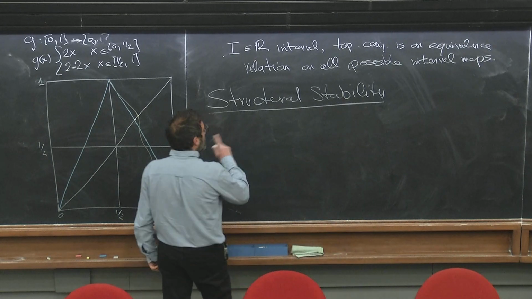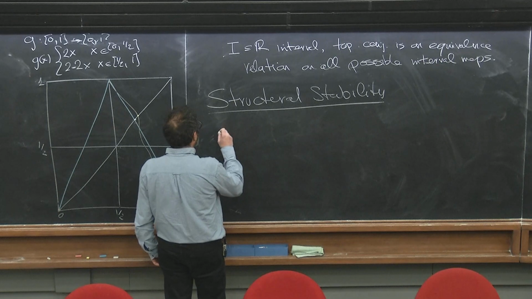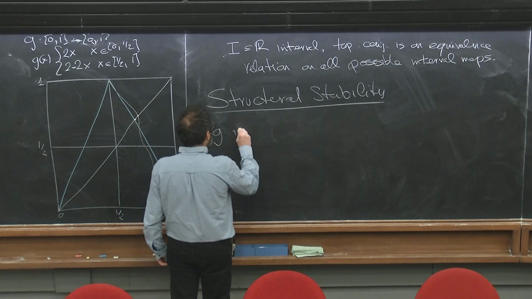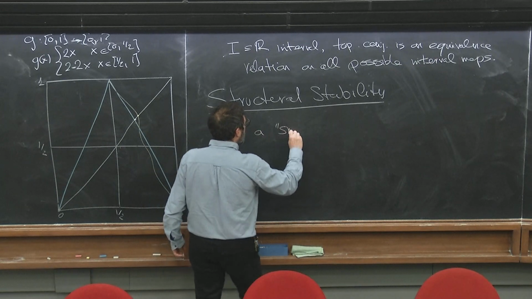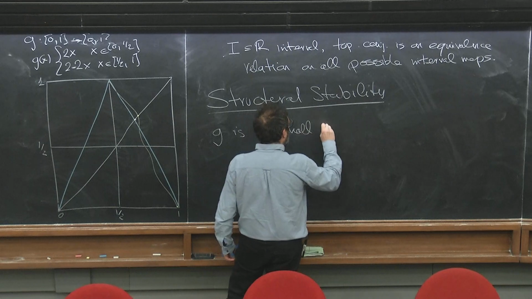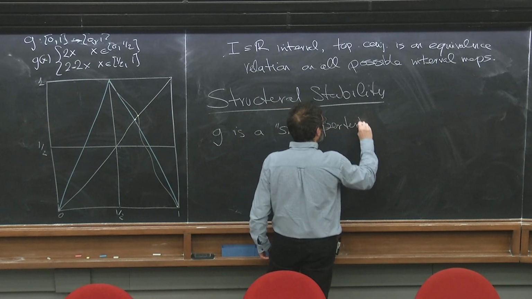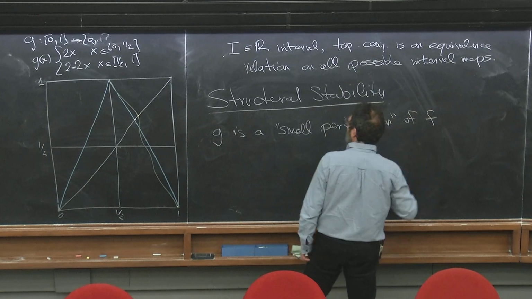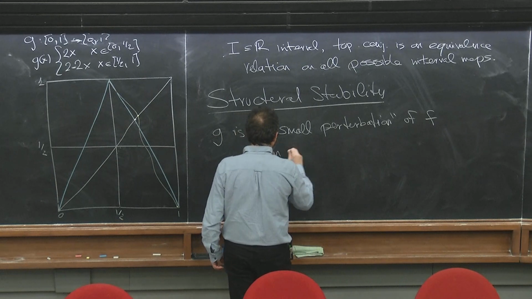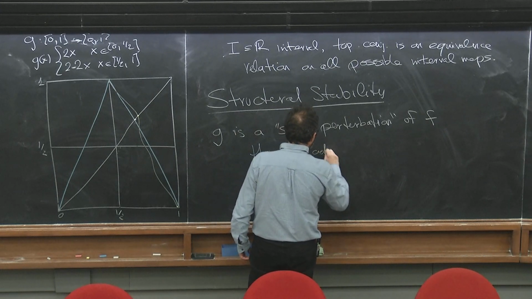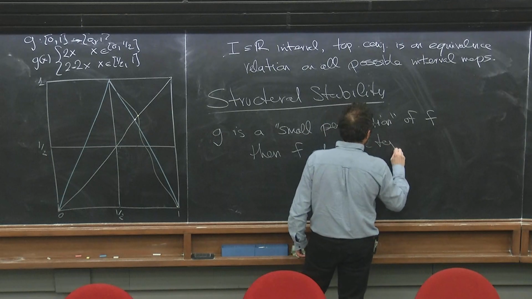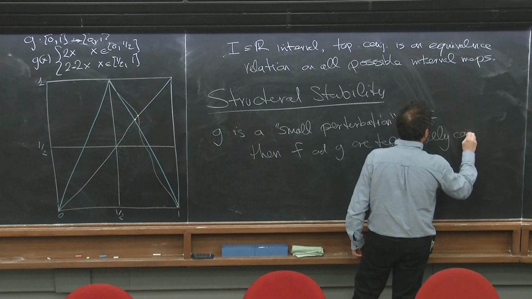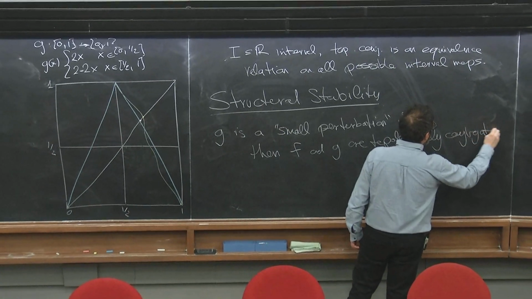The philosophy of structural stability is that if G is a small perturbation of F, then F and G are topologically conjugate.